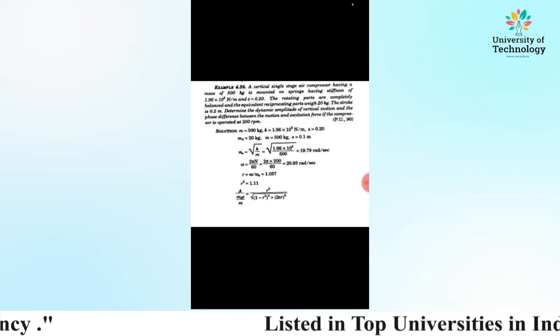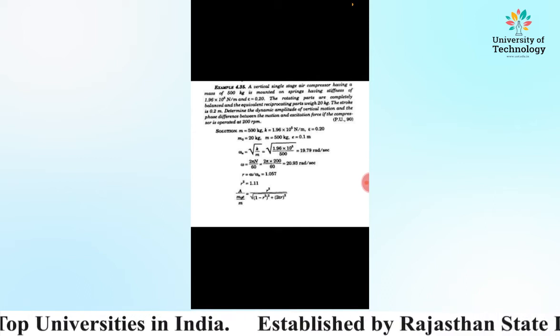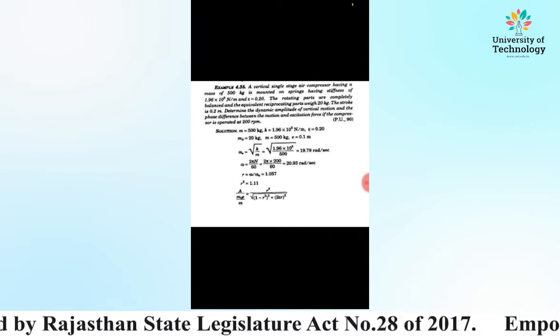Now for rotating unbalance, we have the formula that A by m0 e by m is equal to r squared upon root of (1 minus r squared) the whole squared plus (2 zeta r) the whole squared. Here r is equal to omega by omega n.